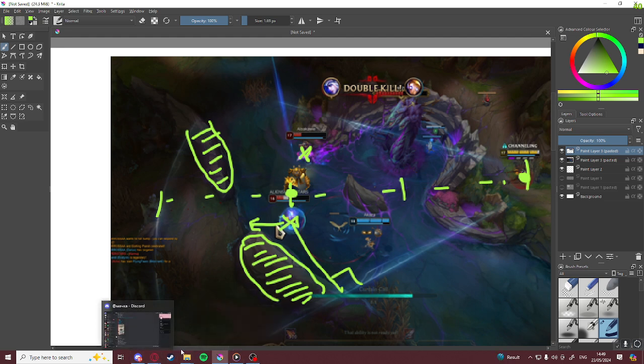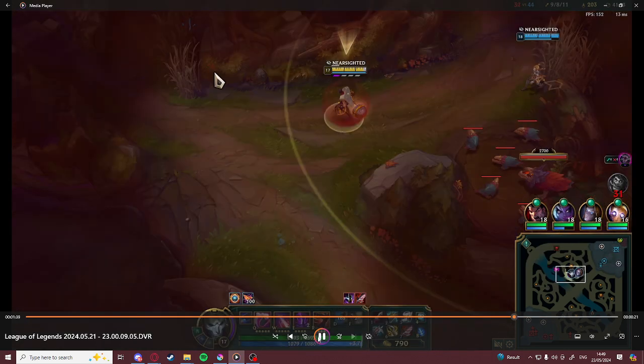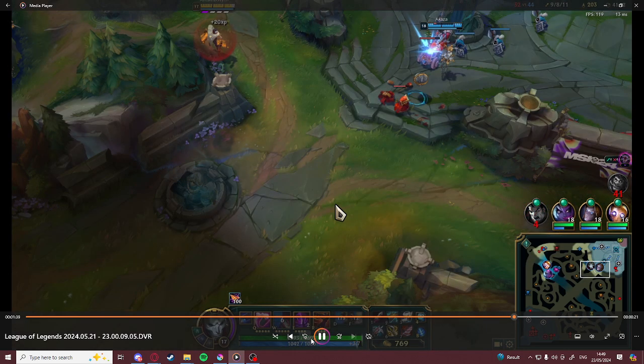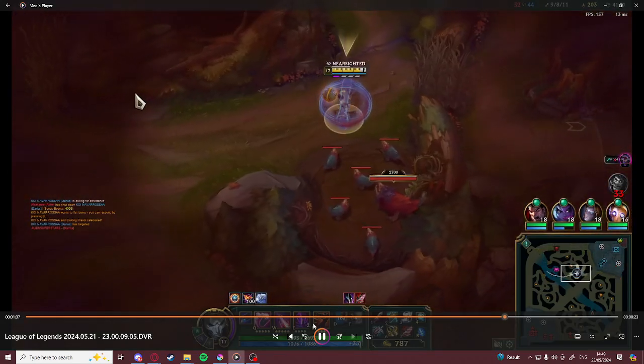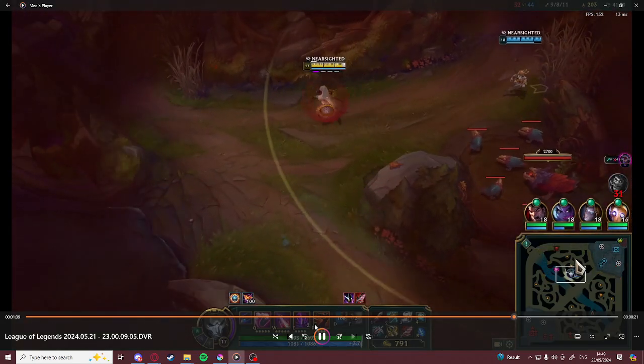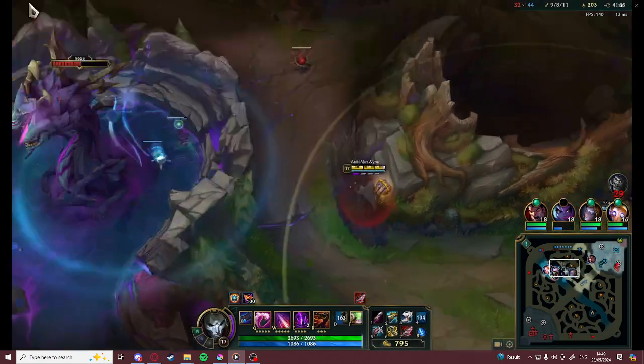And as a frame of reference, if I went slightly back, I think that's too far back. Okay. This would be easier if... So I will be using this ability here, which is just a linear shot.